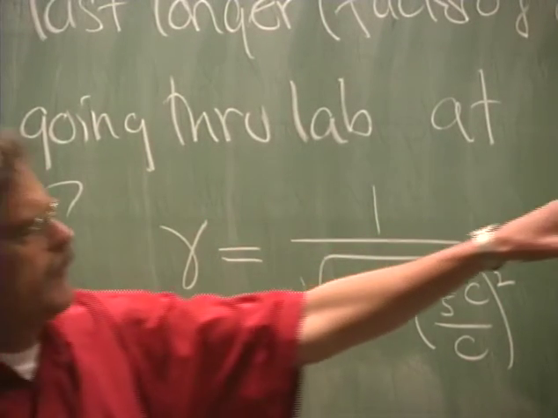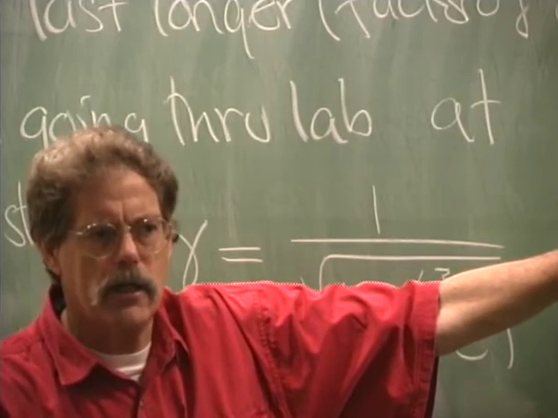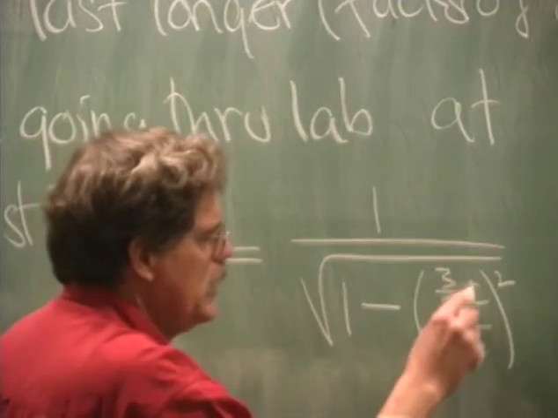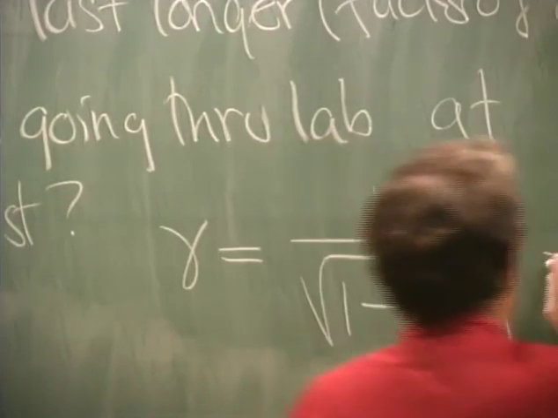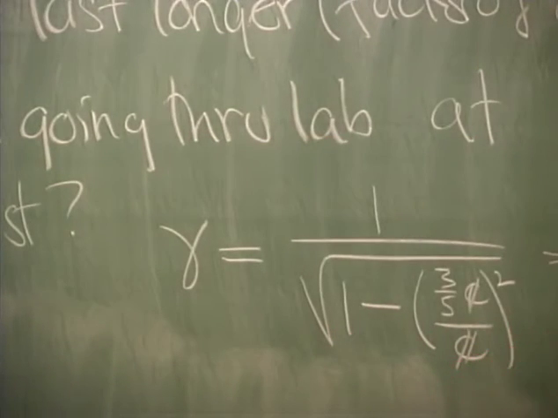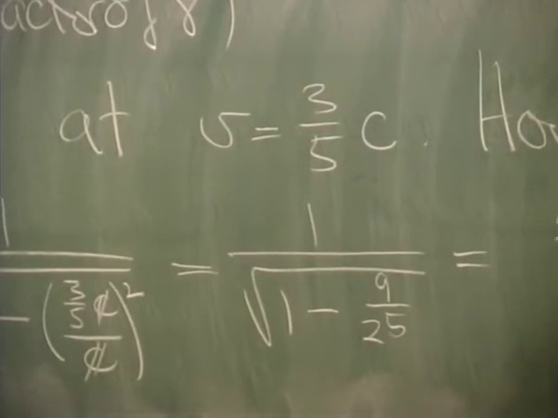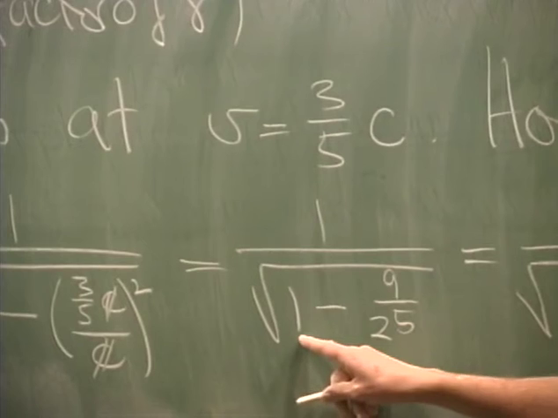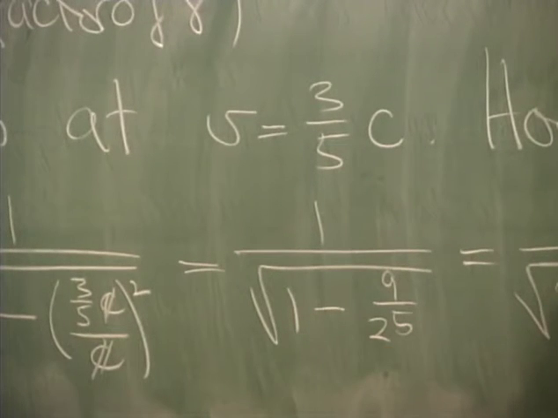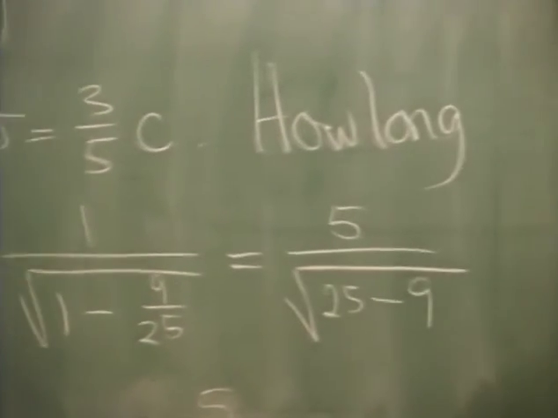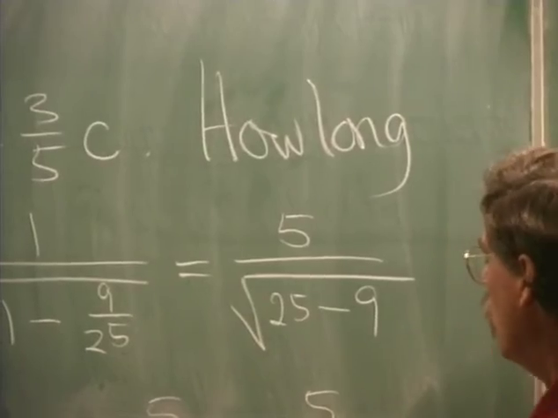By the way, you should always love it if somebody gives you velocity as a fraction of the speed of light, because then the c's in a formula like this cancel out, and I just get 1 over the square root of 1 minus 3/5 squared, which is 9 over 25. If I multiply top and bottom by 5, I get 5 over the square root of 25 minus 9, which is 5 over the square root of 16, which is 5 over 4.